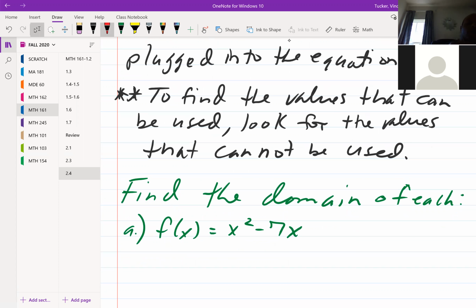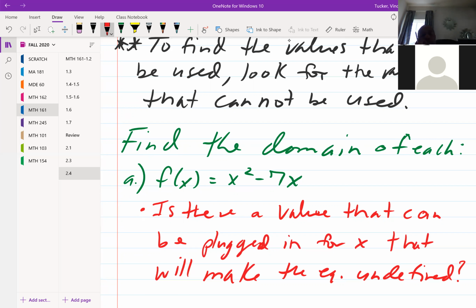So the first thing we want to ask ourselves is, is there a value that we can plug in for x that will make the equation undefined?